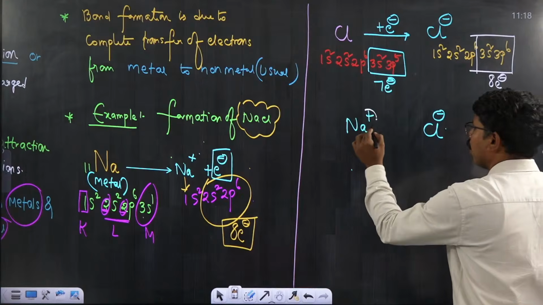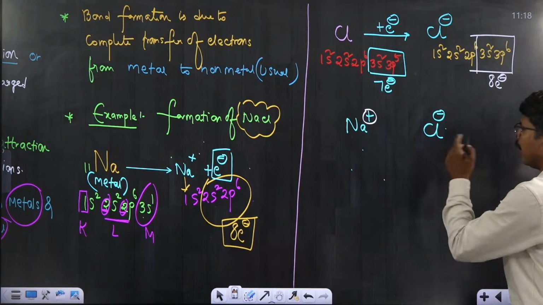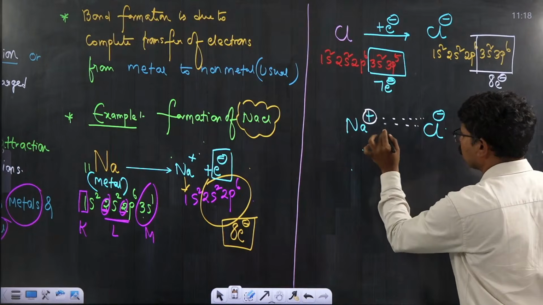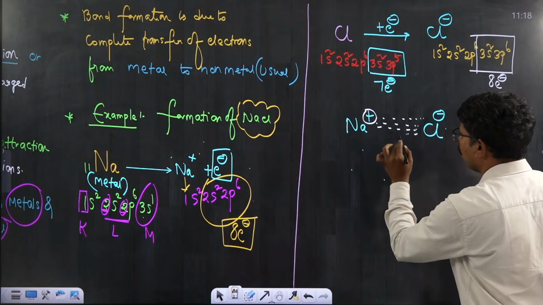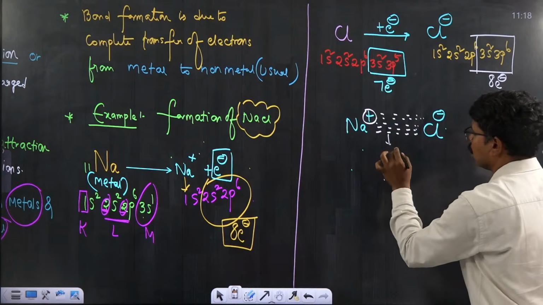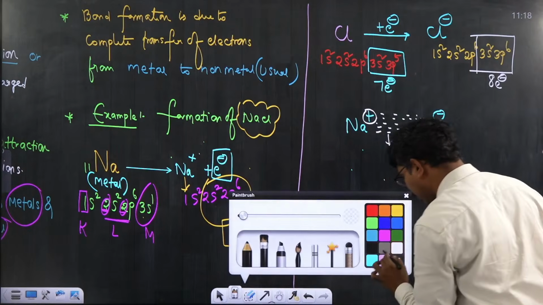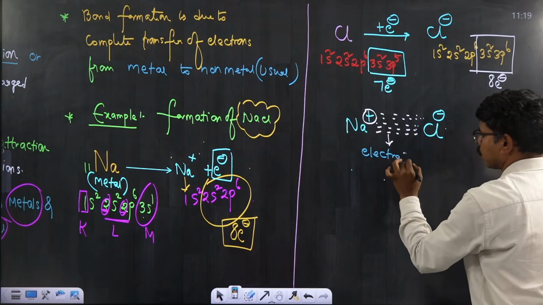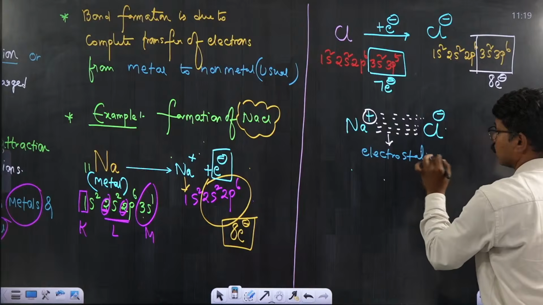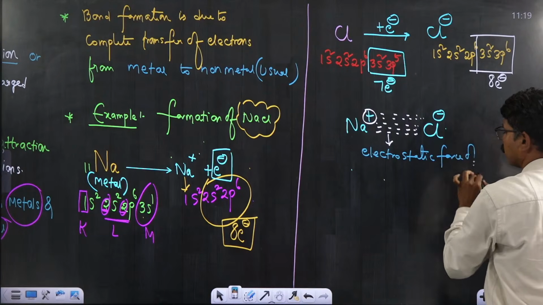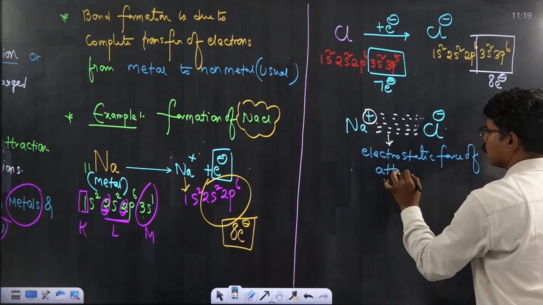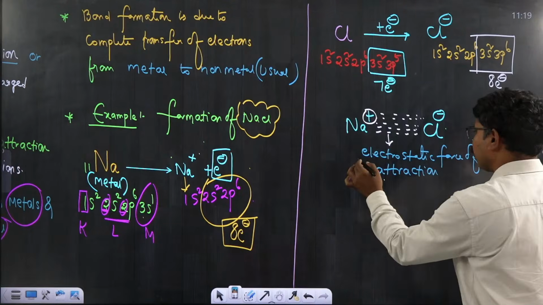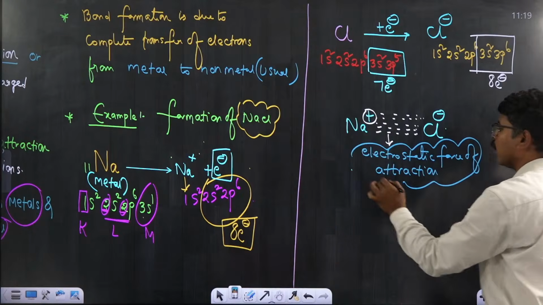We have positively charged species and negatively charged species. The electrostatic force of attraction between oppositely charged species forms an ionic bond. This electrostatic force of attraction is equal in all directions.